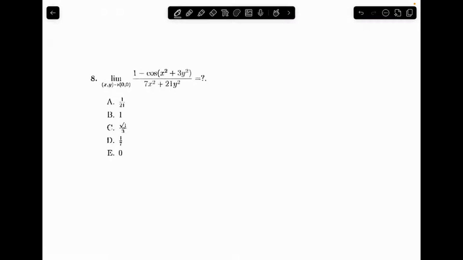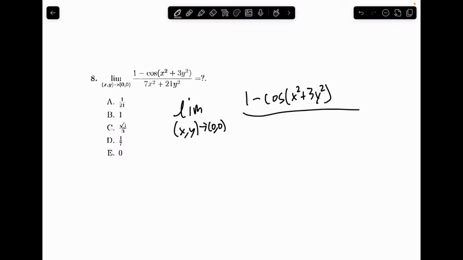I always like looking for things I can factor because that usually helps in a limit problem. If we factor the denominator, I'm just going to rewrite the numerator, cosine of x squared plus 3y squared, all over, we can take out a 7, so we get 7 times (x squared plus 3y squared).